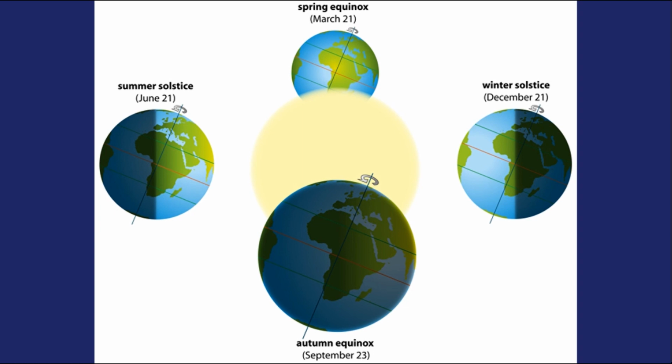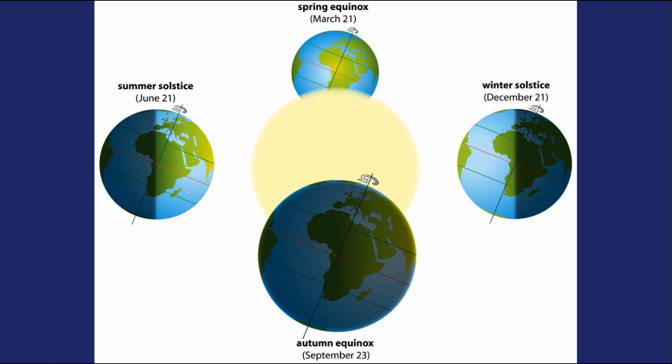In other words, the earth is not tilted away or towards the sun in any hemisphere. It's at an angle to the sun where the tilt of the earth becomes almost null and void, right?